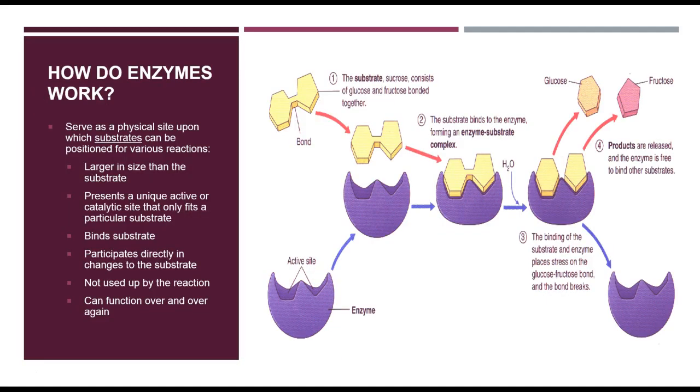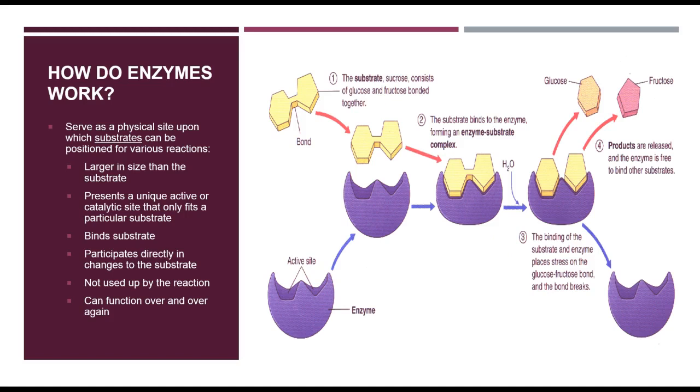So let's look at how enzymes work. Enzymes serve as a physical place for reactions to occur. This is where substrates get positioned for certain reactions to happen. Enzymes are always larger than the substrate that is involved.